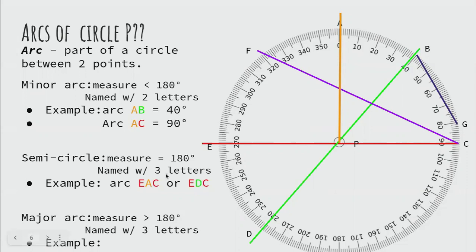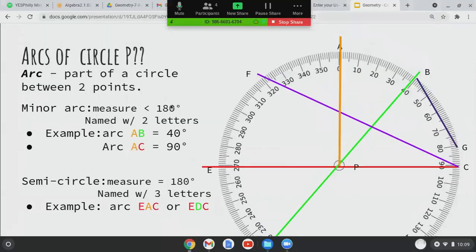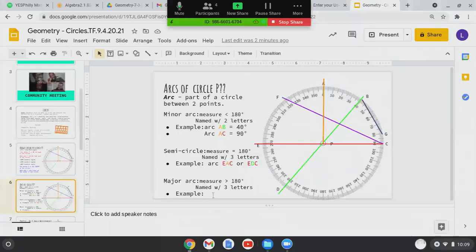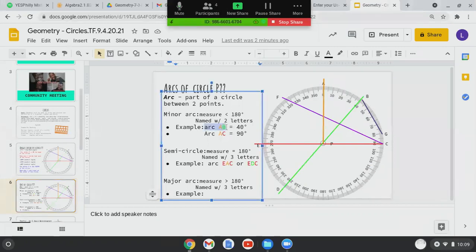I'm going to leave that one to you. So I'm going to finish our slide. So if we had arc AB, again, I'm going to leave this for you. I'm going to do them both, so I might as well just copy it.